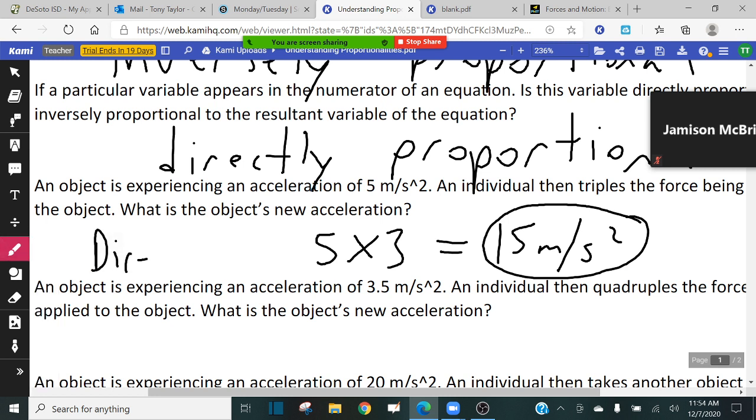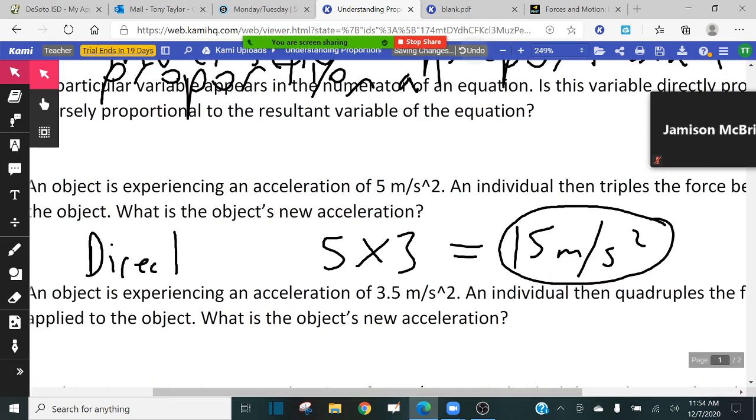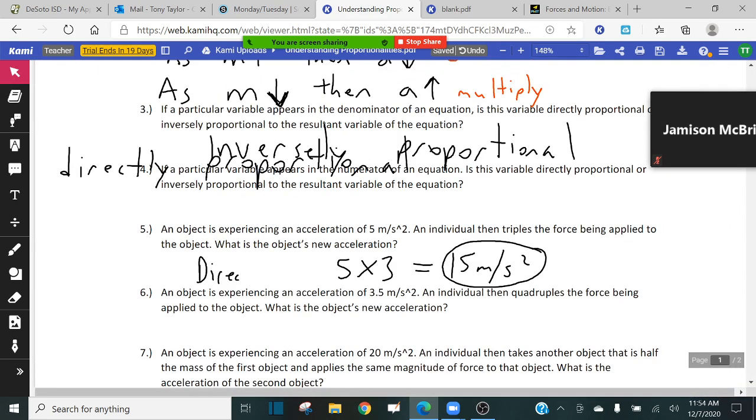So I'm just going to put that here to represent a direct proportionality. Okay, and that's the answer to number 5. Super easy.